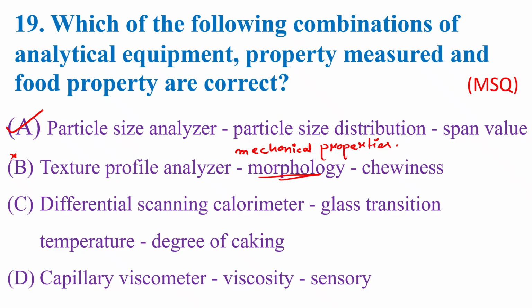So this is correct. Next, option D, capillary viscometer, viscosity sensor. Capillary viscometers measure the viscosity, but sensory properties are evaluated by human panels, not instruments. So this is incorrect. My correct answer is option A and option C.